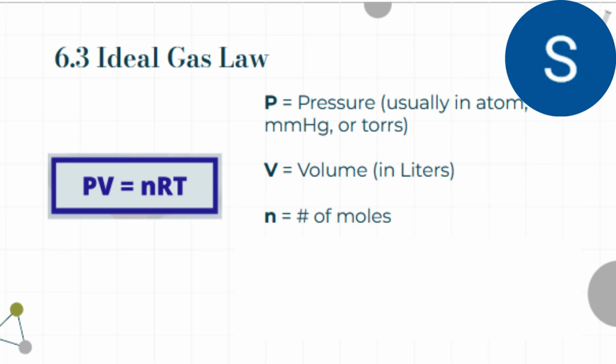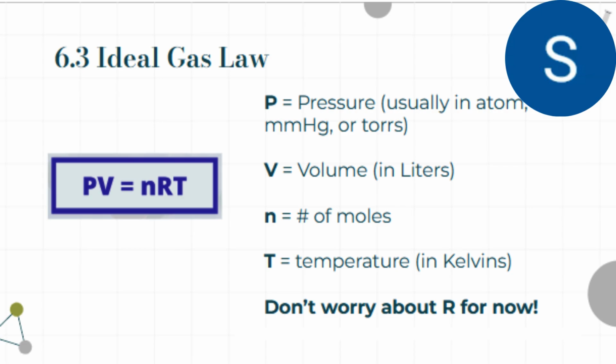N stands for the number of moles. T stands for the temperature measured in Kelvin. And don't worry about R for now. Just know that this equation, which shows the pressure of a gas times the volume of that gas equals the number of moles in the gas times the temperature of the gas times R represents an ideal gas.